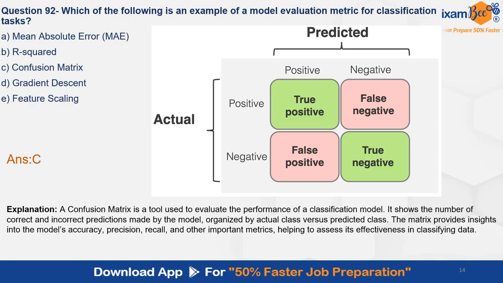So confusion matrix is a performance measurement model which is used for measuring the performance, and it shows the relationship between predicted and actual classes. Okay, and the metrics we use in this are accuracy, precision, and recall.